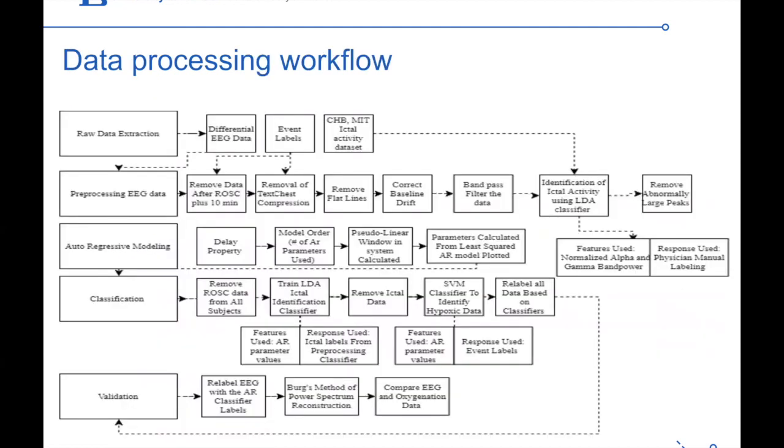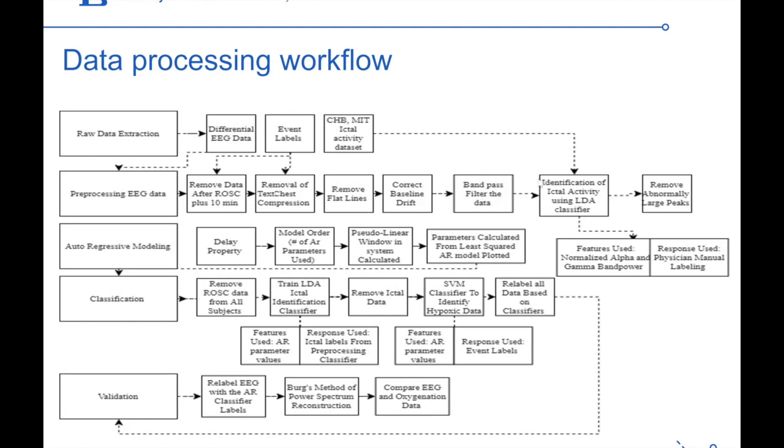I won't go into too much detail on the data processing workflow, just the main points. We had the raw data, and because of the artifacts and noise in the laboratory setting, we had to do a lot of pre-processing to clean the data. Brian first worked on a classifier, an LDA, a linear classifier, for identification of ictal activity.